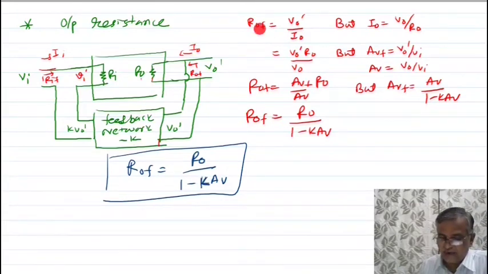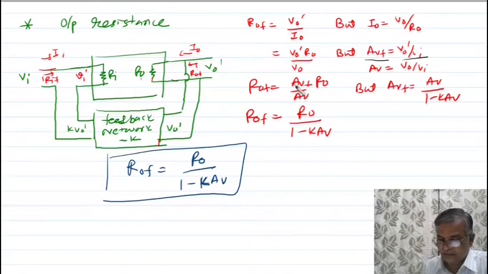See, Rof is Vo dash by Io. What is Io? Io is Vo by Ro, so I put that here. What is the voltage gain with feedback? Vo dash upon Vi. Voltage gain without feedback, Vo upon Vi. Take the ratio of these two. If you take the ratio, you get Vo dash by Vo, which is Avf upon Av.